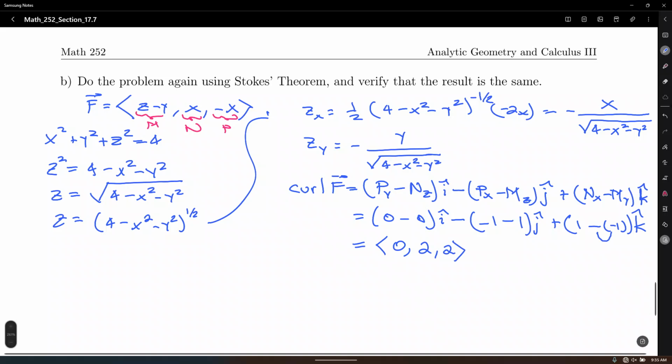We have everything we need to set up the integral for Stokes' theorem to verify Stokes' theorem.